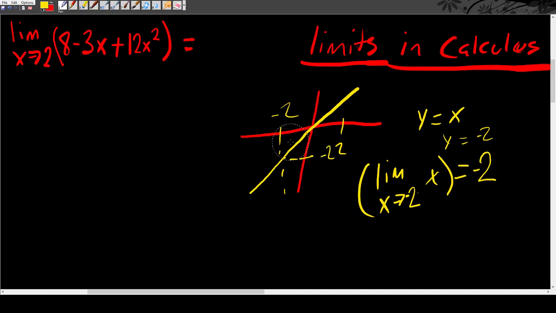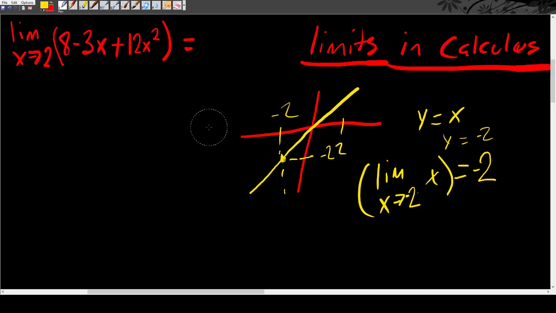You see how it's converging to this one point right here, and that this point is -2. That's essentially what a limit is: depending on what your x-axis is going to, it's basically what your y-axis is also going to at that point.